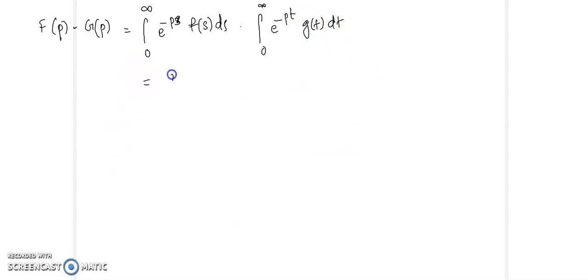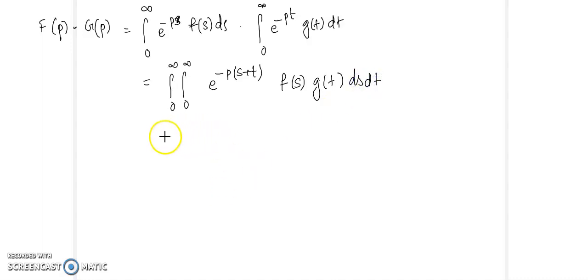Now let us combine the two integrals, so that is integral 0 to infinity, integral 0 to infinity of e raised to minus p (s plus t), then you have f of s g of t ds dt.